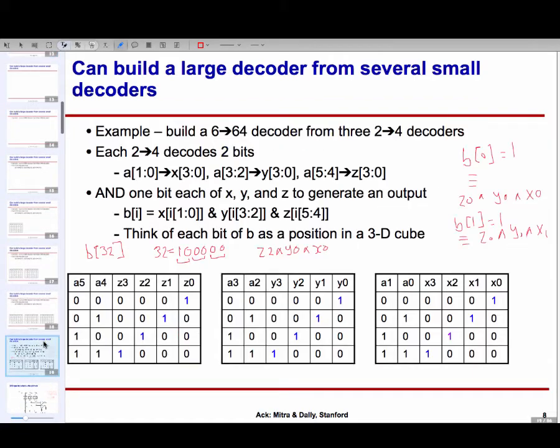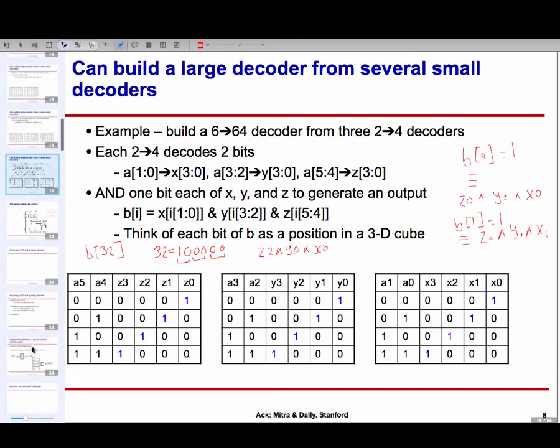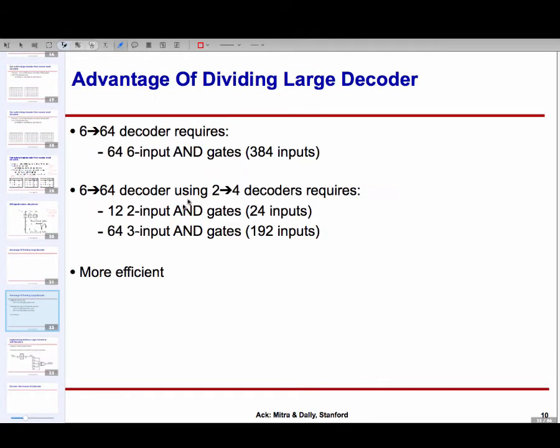So I would need 64 6-input AND gates, because I have 64 minterms, and for each one of them I need an AND gate.